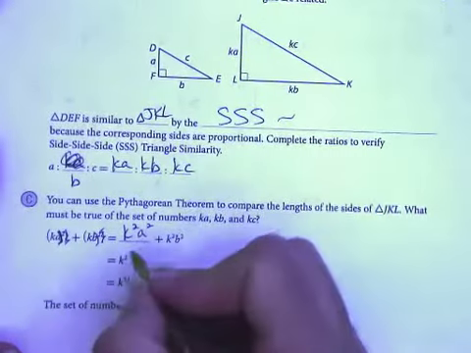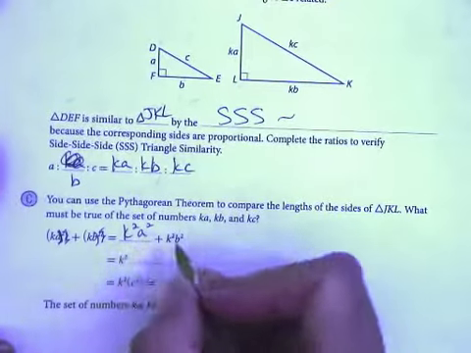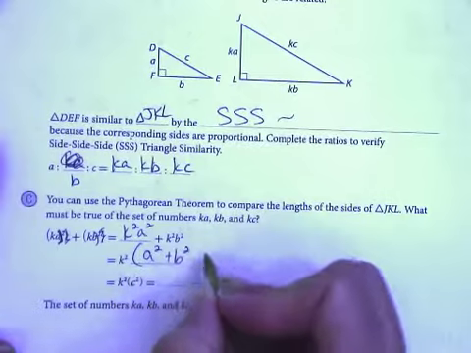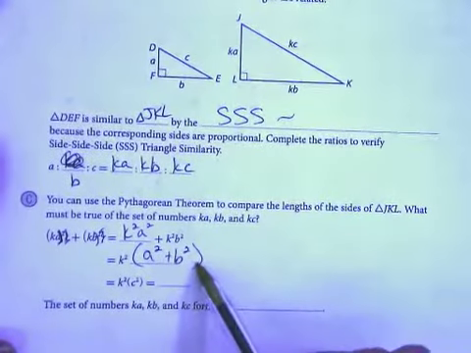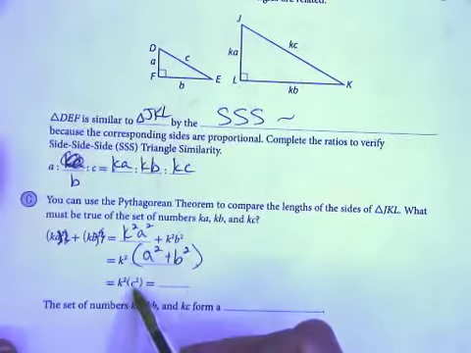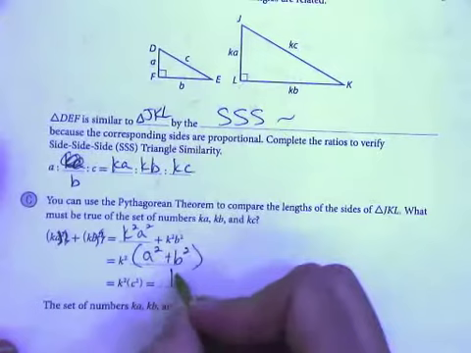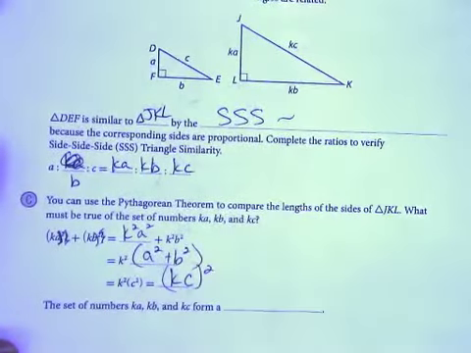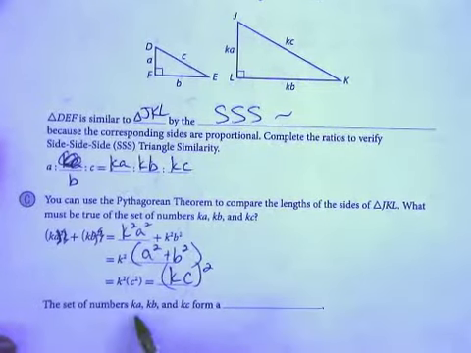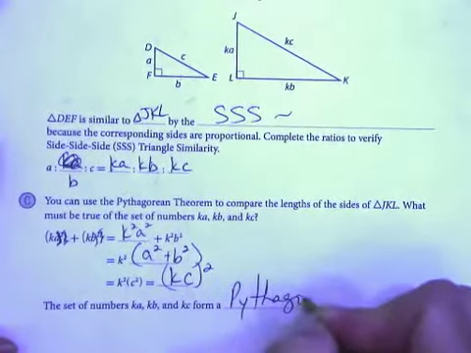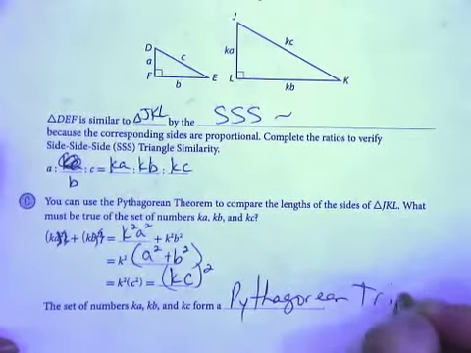So K squared is a greatest common factor in this expression, so I'm going to factor it out and get A squared plus B squared. Well, I already know that in this triangle, a squared plus b squared equals c squared, so I'm replacing that here, and then I'm kind of going backwards. K squared times c squared equals kc, the quantity, squared. So that means that the set of numbers ka, kb, and kc form a Pythagorean triple.